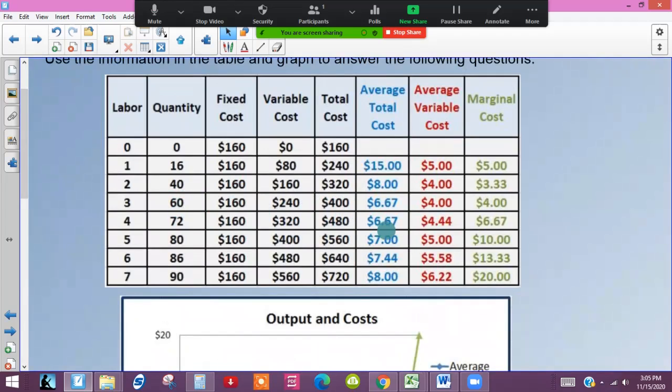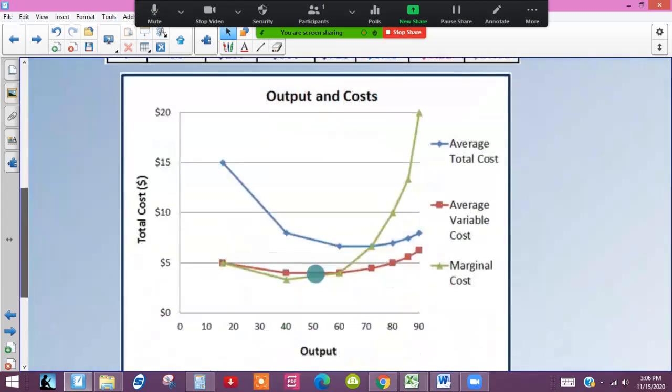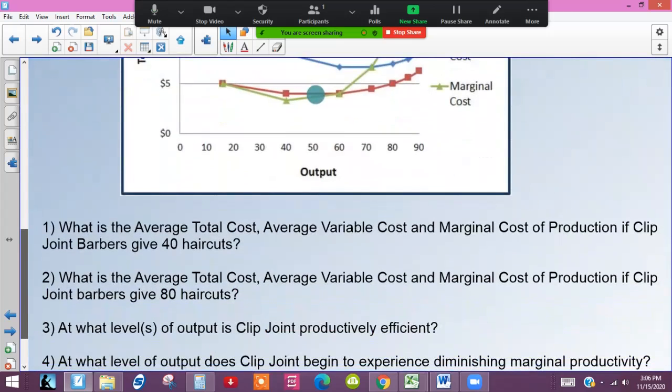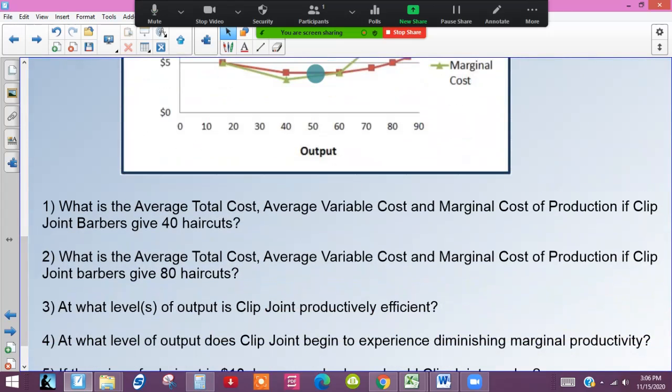We can see that our average total cost is at a minimum. Now, you don't have to say the exact dollar amount here. I'm just asking you what are the levels of output that Clip Joint is productively efficient, which is really what I'm asking you: where is average total cost the lowest, at its minimum. Okay.